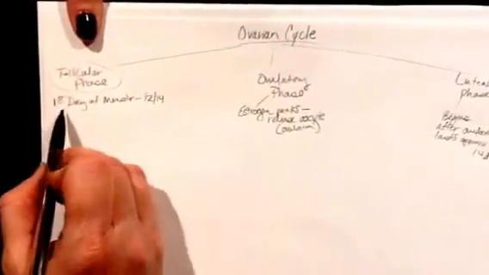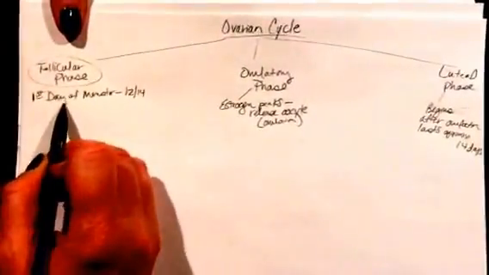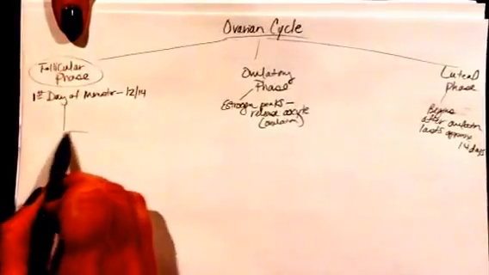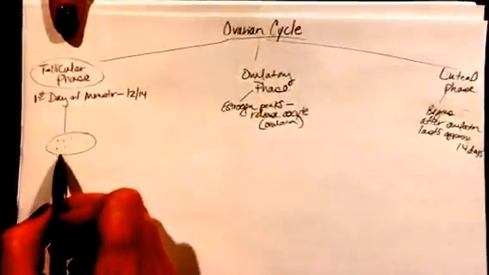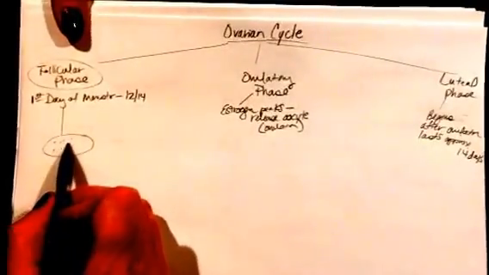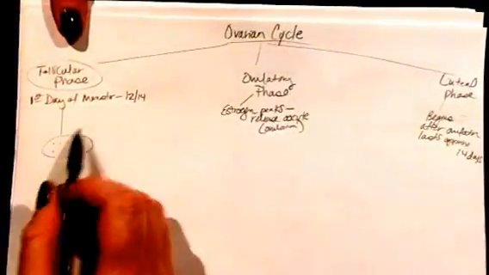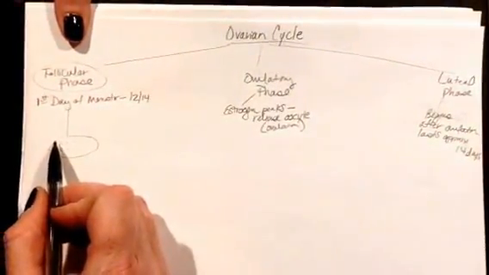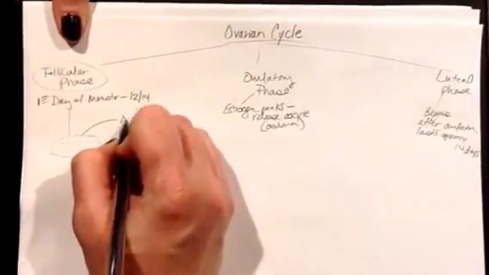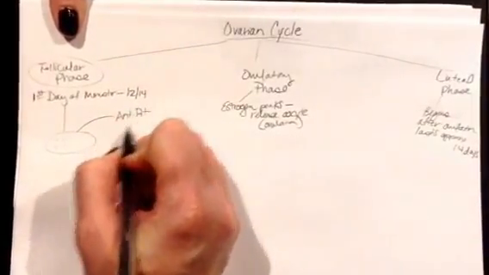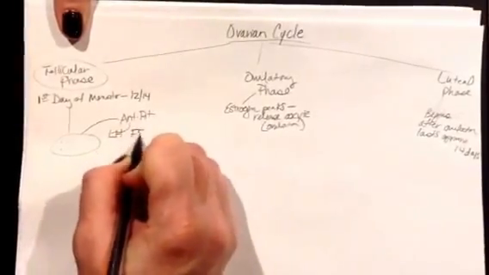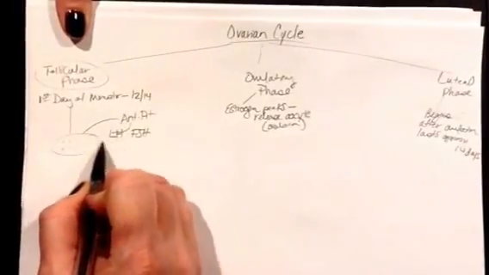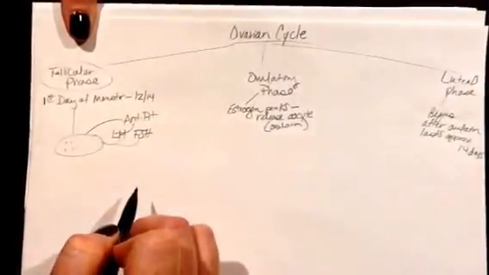All right, during our follicular phase, remember during this phase we have the ovary, and remember we have about 4 to 8 of those follicles that are trying to develop. The anterior pituitary gland is secreting the LH and the FSH to assist with this process.